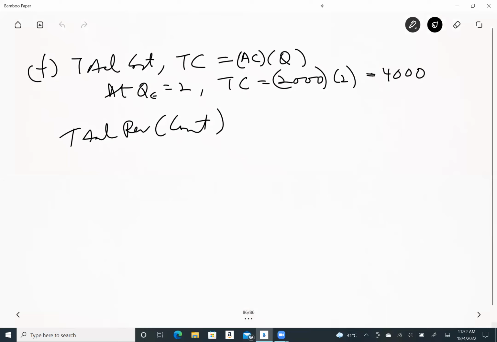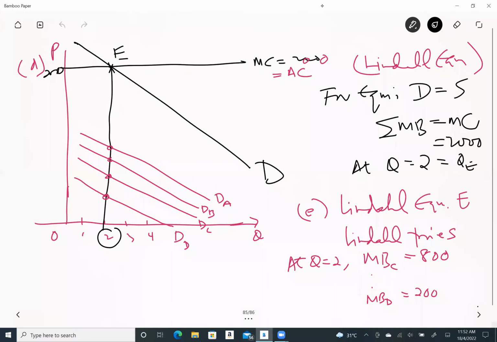Got it? Yes. Good. So total contribution, there are a few ways to calculate it. First, you can just go back to this table here. You got the marginal benefit at equilibrium for each of these people. If you sum them up, what you get is 2,000.